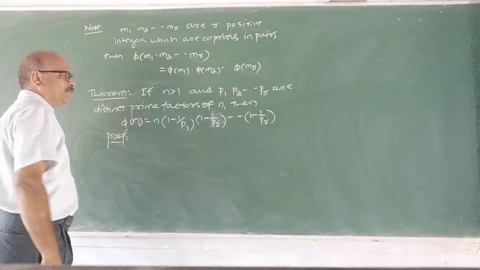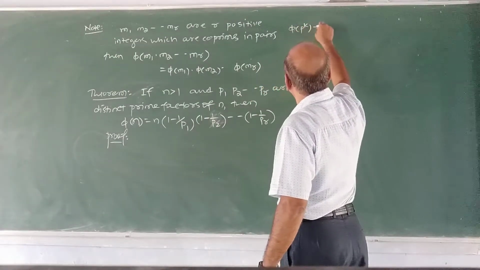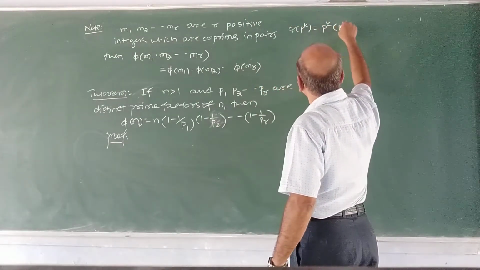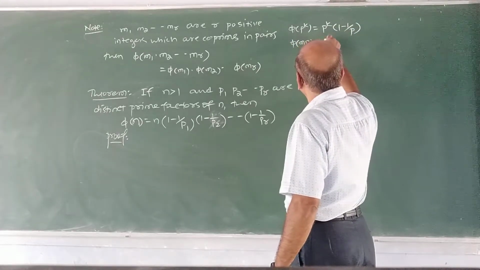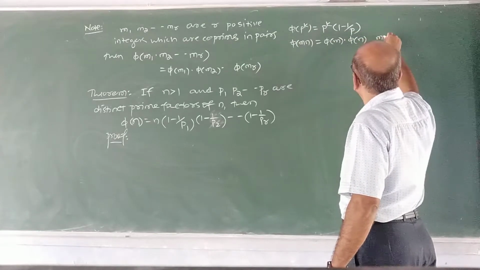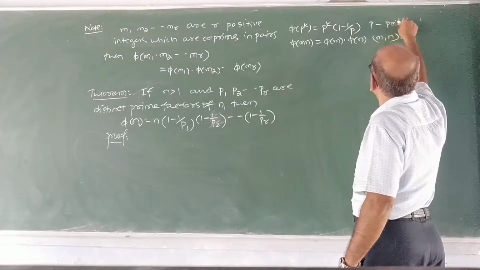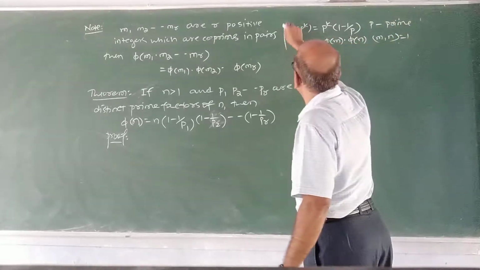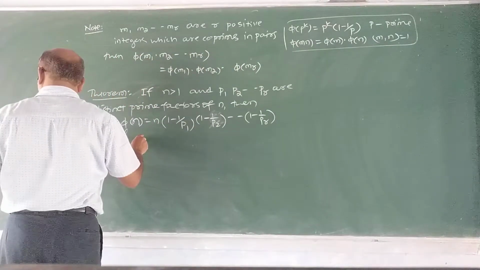based on that result. One result is phi of p raised to k is p raised to k into 1 minus 1 upon p. And phi of mn is phi of m into phi of n, where m and n are relatively prime, p is prime. Now using these two results, we can easily derive this. Now how to derive this?